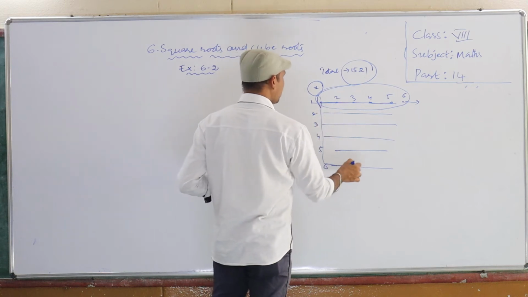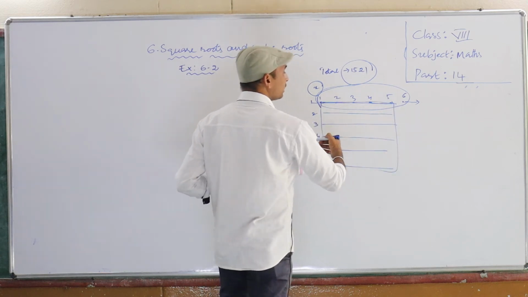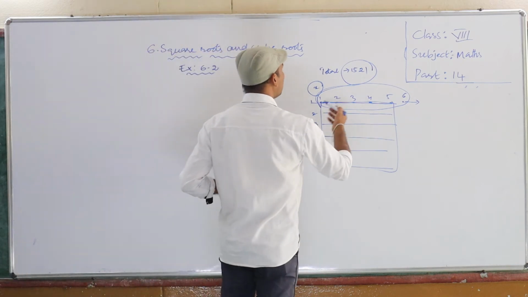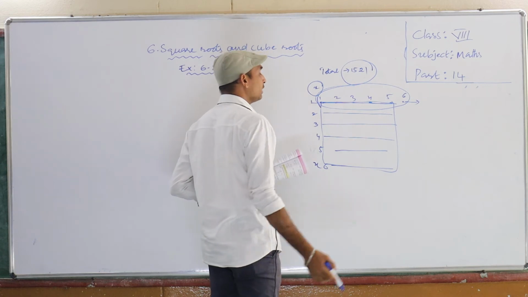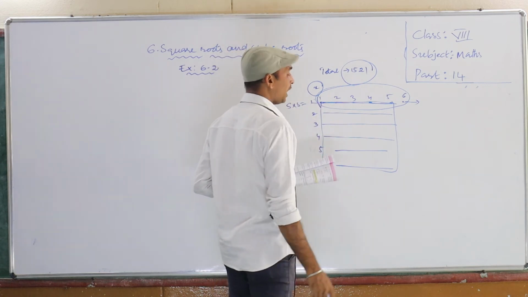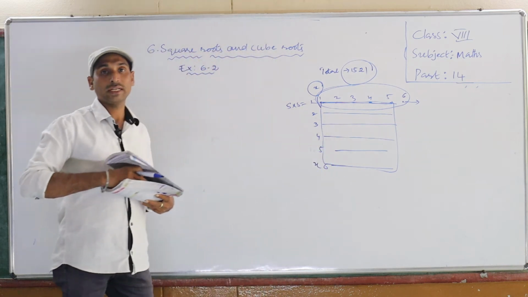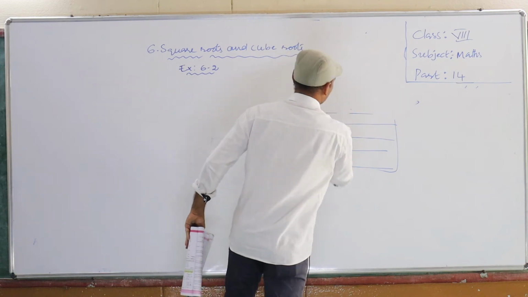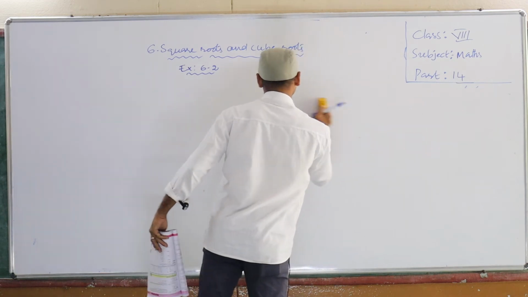If you join these, you will get a square. To get all the trees in a square, side into side, you find the area of the square.